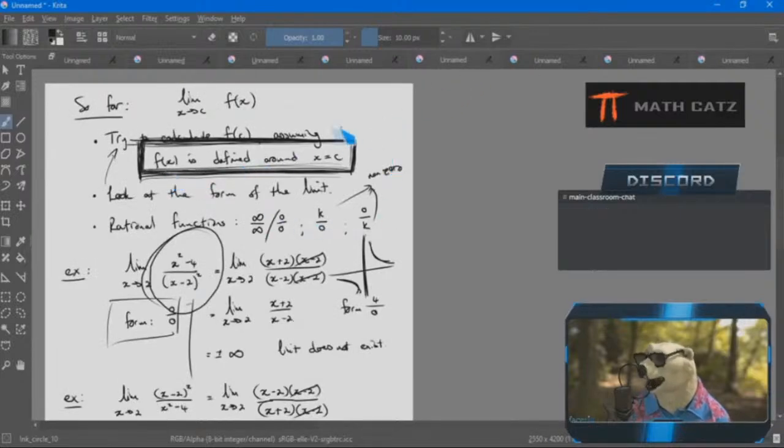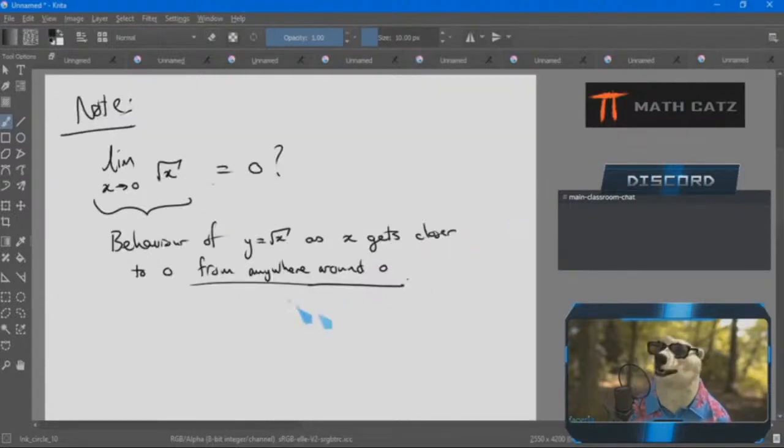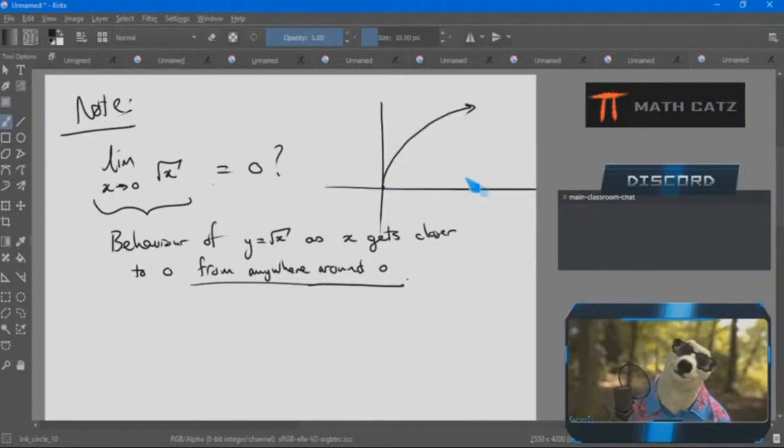I need to be in my original behavior question. I need to be coming at the x value from anywhere. But this function and its graph isn't defined anywhere. It's only defined on x greater than or equal to 0.